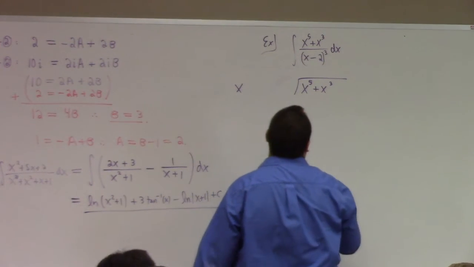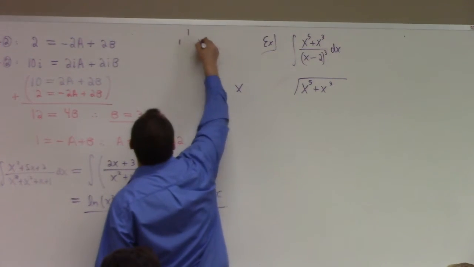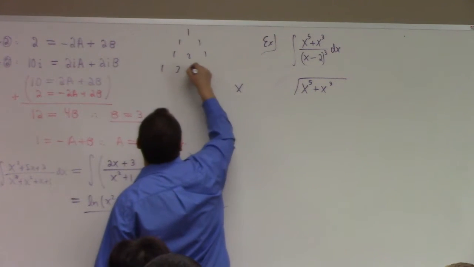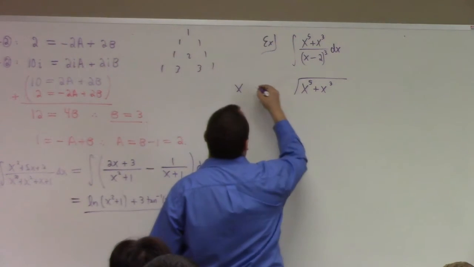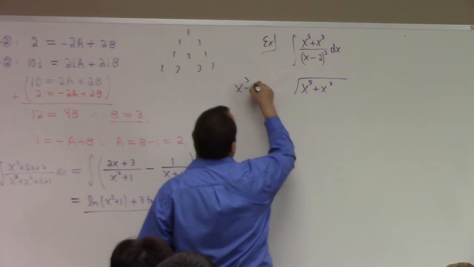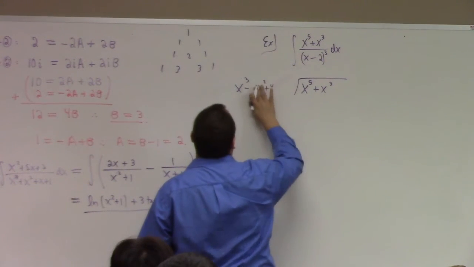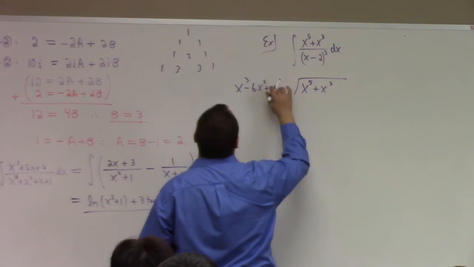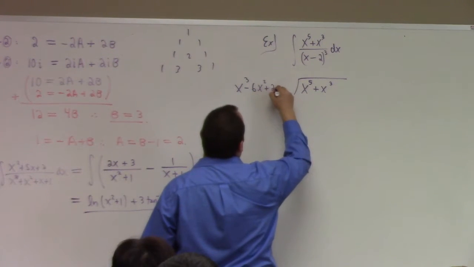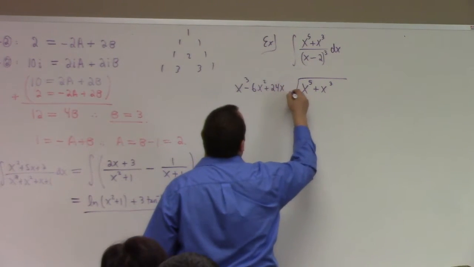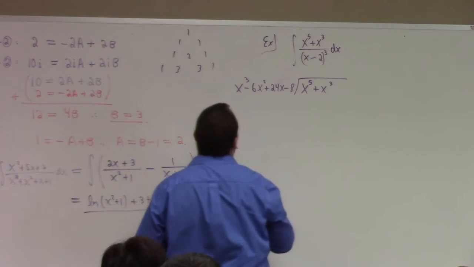So 1, 1, 1, 1, 1, 2, 1, 3, 3, 1. So that gives me x cubed minus 2x squared plus, 2 times 3, 6, 6 times 4 is 24x minus 8.